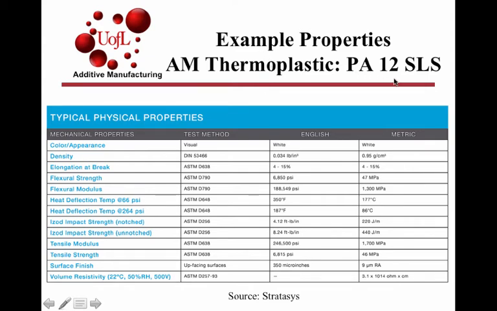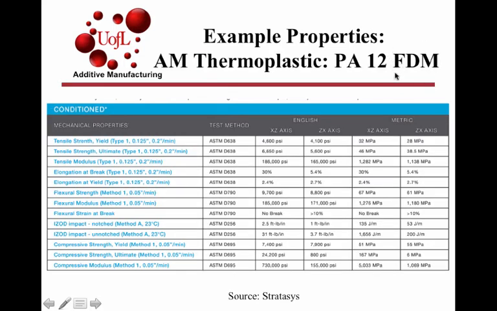This is a nylon 12 that is fabricated by one of the processes as a powder called selective laser sintering. You will see that you can get, for instance, a tensile strength of slightly under 50 megapascals. If the same material is processed by another 3D printing method called fuse deposition modeling, where it is processed as a filament, you can see that the tensile strength is a little bit lower.